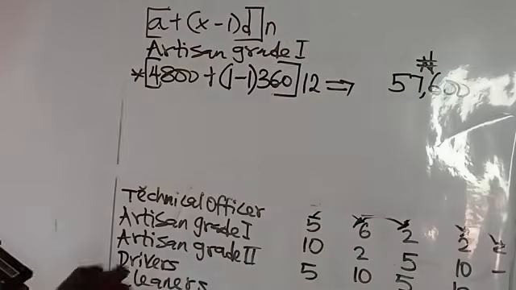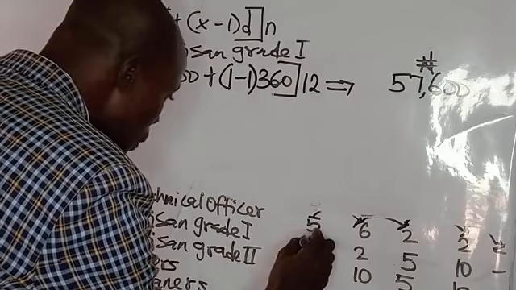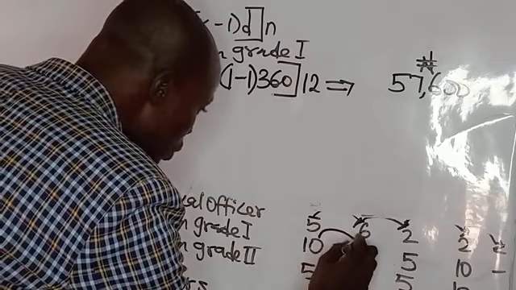Then artisan grade 1 we have 10 before in step 1. So those 10 will be moving to step 2.